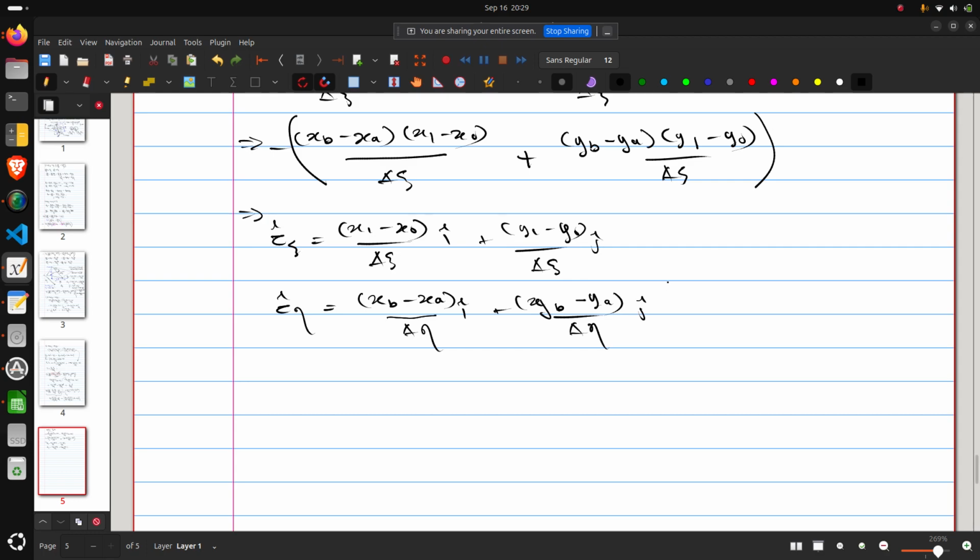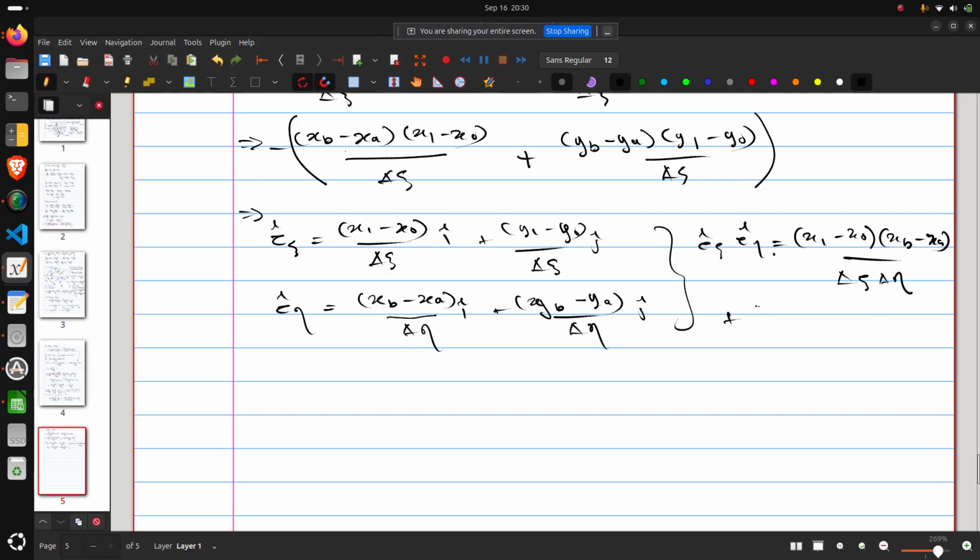Okay, so now that we have these two unit area normals, if we just take a dot product of these two things, E cap psi and E cap eta, what will we have? We will have something like x1 minus x naught times xb minus xa plus y1 minus y naught times yb minus ya, by delta psi delta eta.